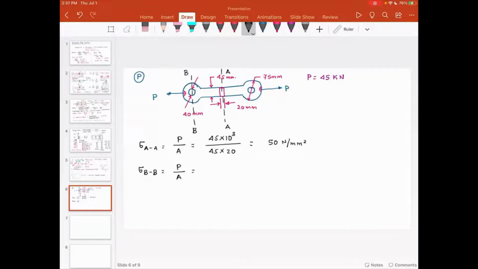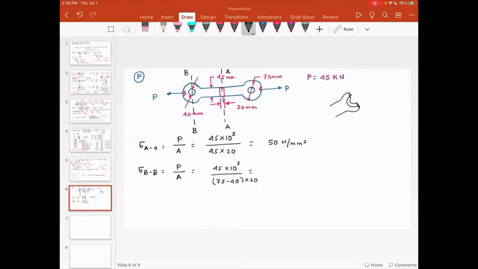So let me show you the three-dimensional view. If you look at the area, it is something like this, which means 45 times 10 to the power 3 divided by (75 minus 40) multiplied by 20.